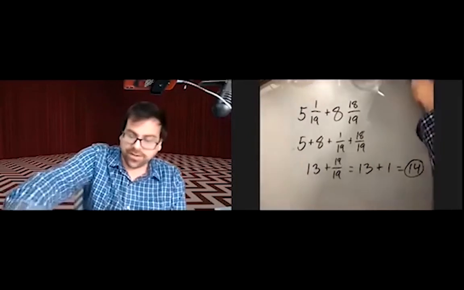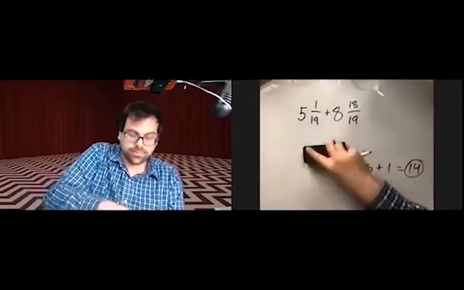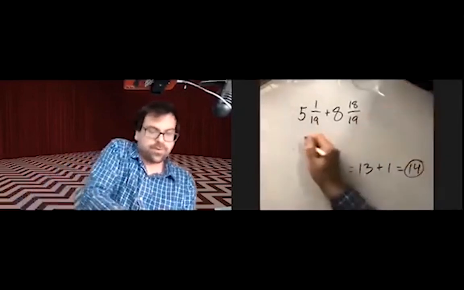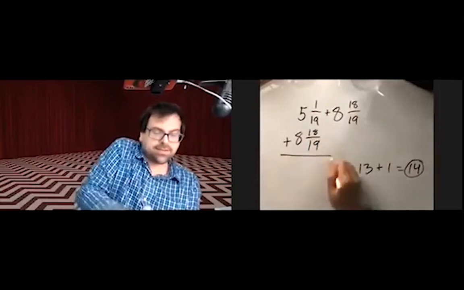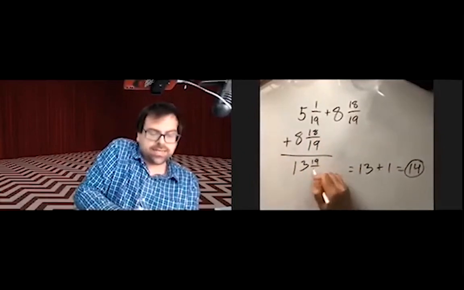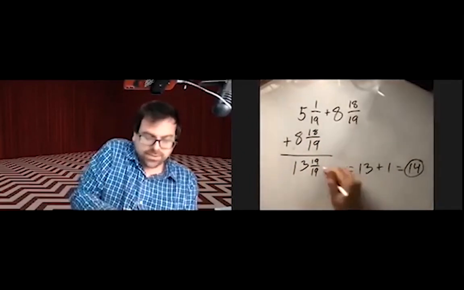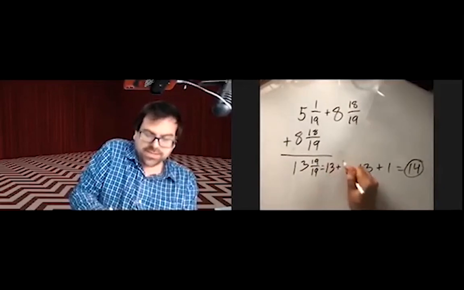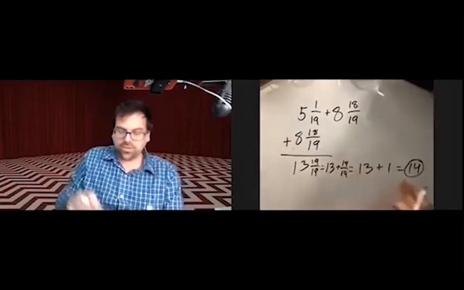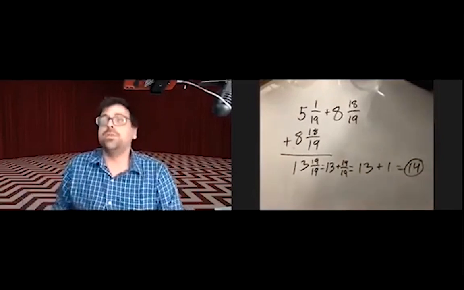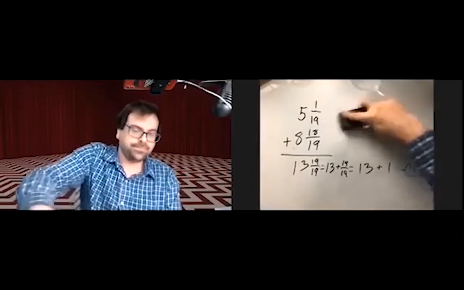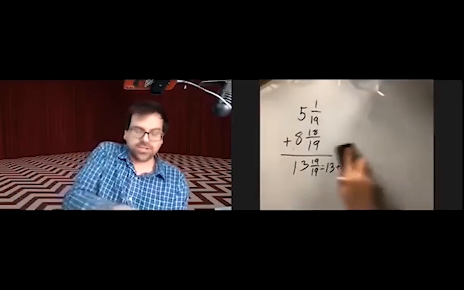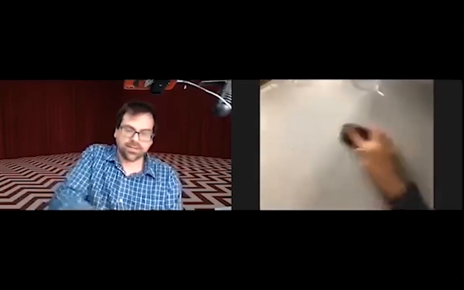Or you can write it vertically, that's fine too. 5 1/19 plus 8 18/19, 13 19/19 is 13 plus 19/19, which is 13 plus 1, which is 14. Or you can go improper fractions, but we're not going to show it that way. That's a lot of work, and we know it's going to get the same answer.